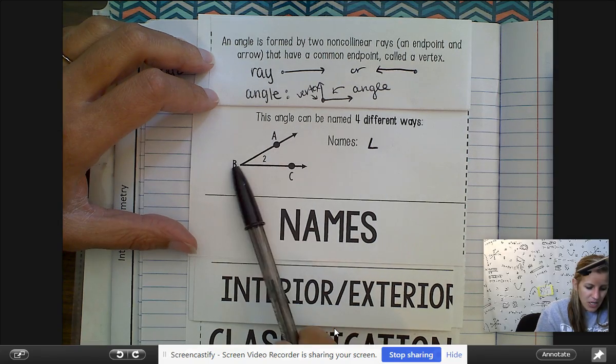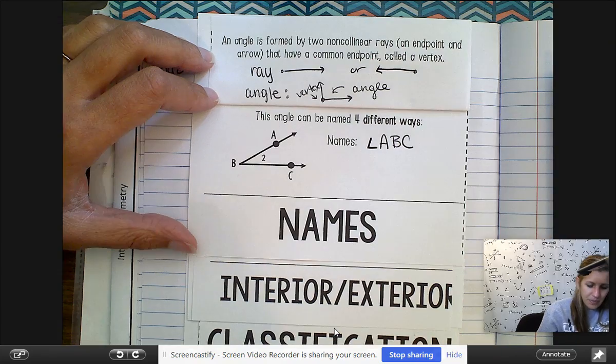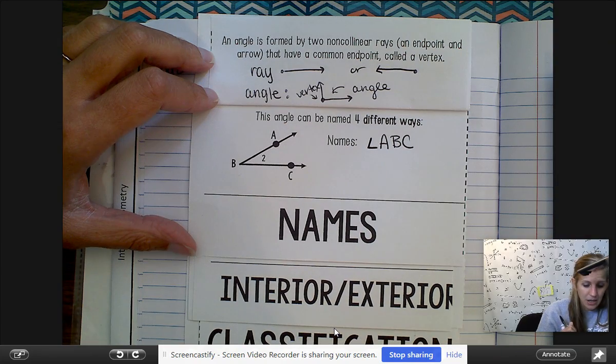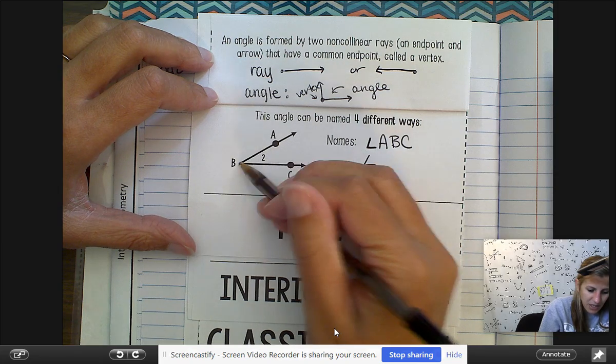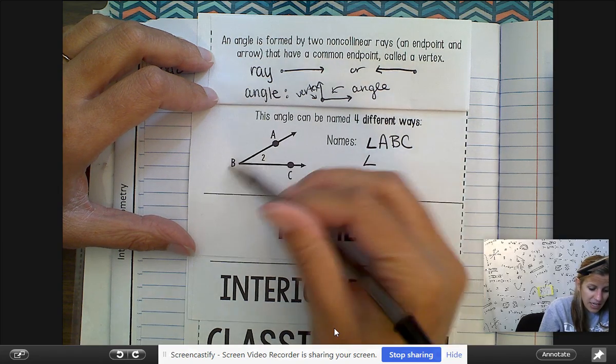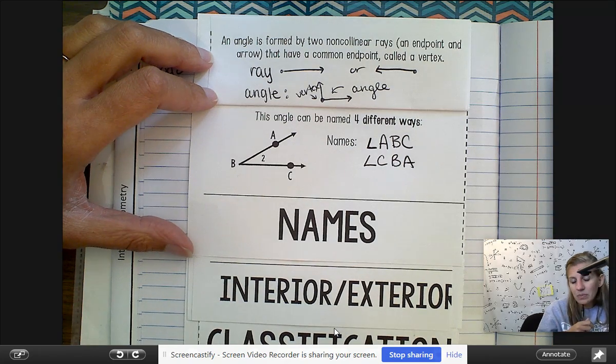So ray, vertex, ray would look like A, B, C. Vertex should always be in the middle. I didn't have to travel that way though. I could have gone the other way, so CBA would also be fine.